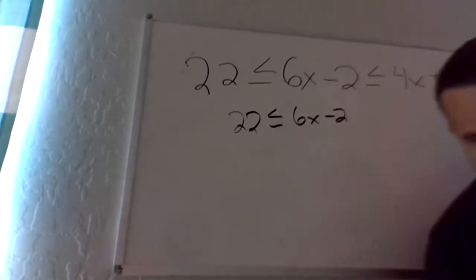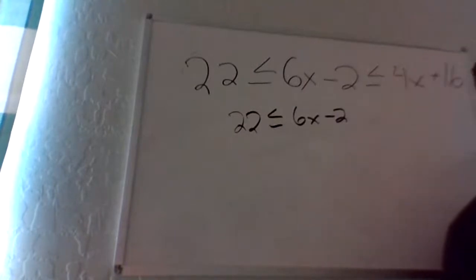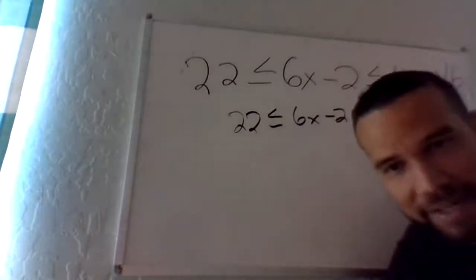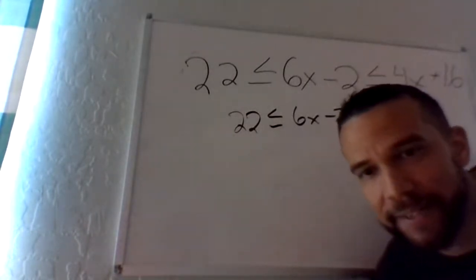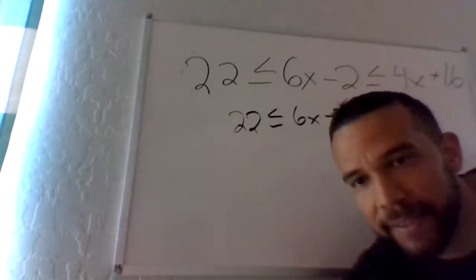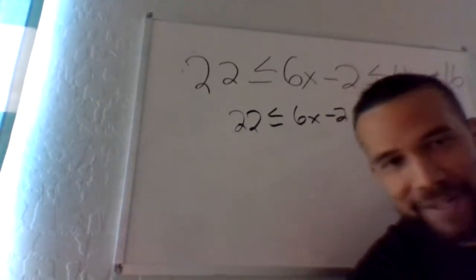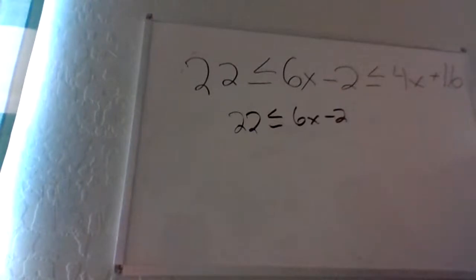She's killing it. Yes. Andre, Mariana, Alma, Diane. Who else is here? Yeah, somebody else. I checked the left side. 22 less than or equal to 6x minus 2. And solving this part first.